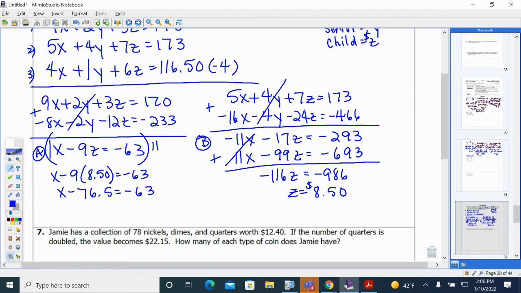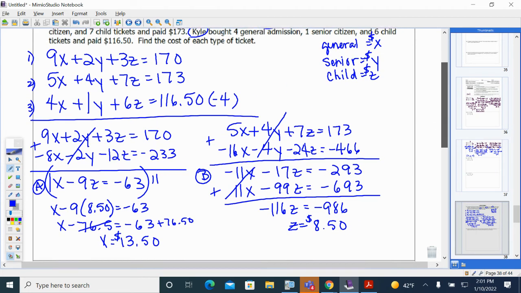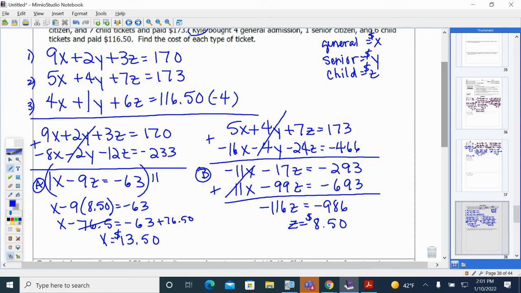And then negative 63 plus add your 76.50, and we get 13.50. So those are the adult tickets, I think. No, the general admission. General admission is going to be the $13.50. Child tickets are $8.50, and then we have to figure out how much are the senior citizen tickets.